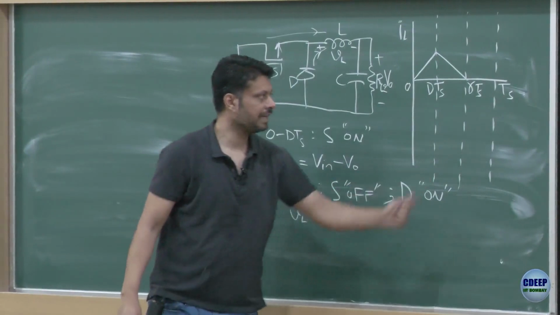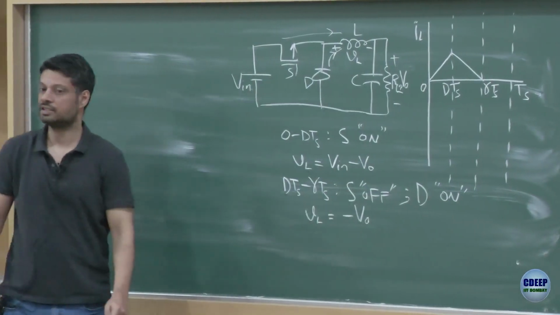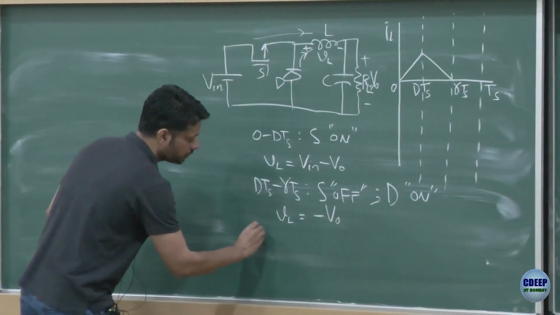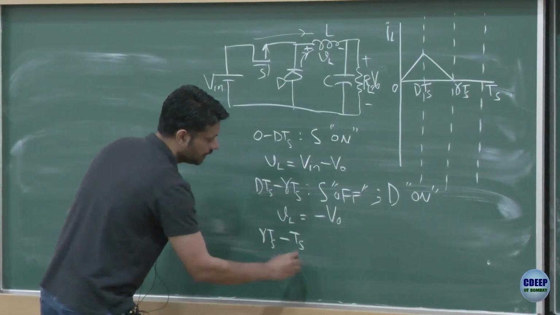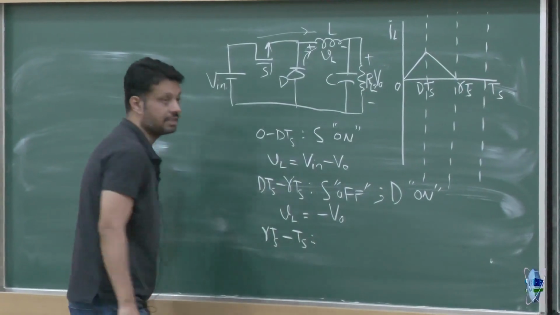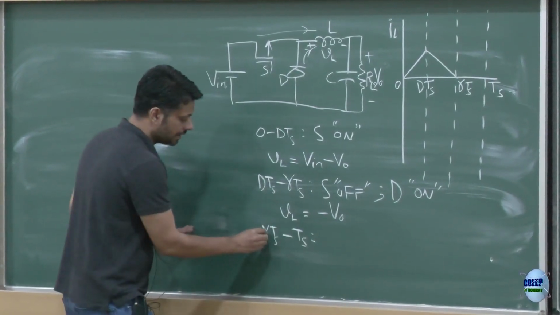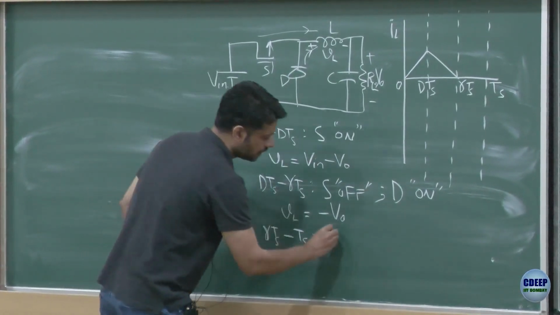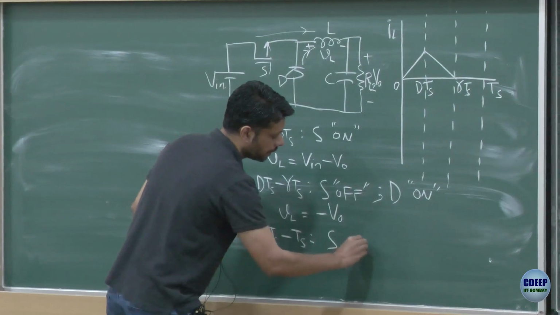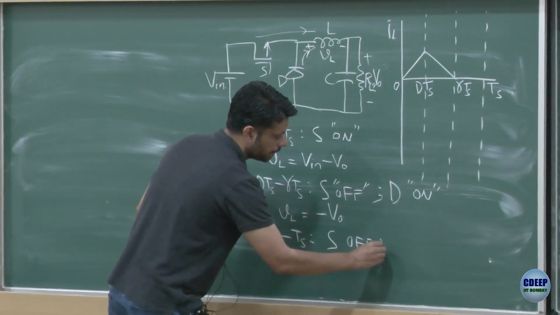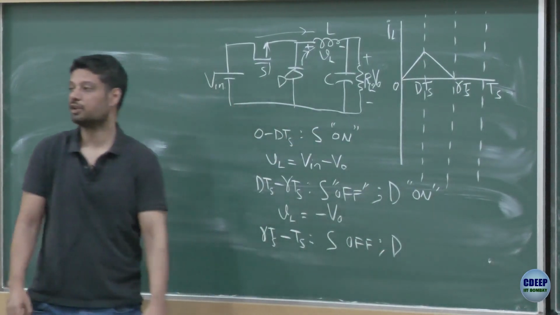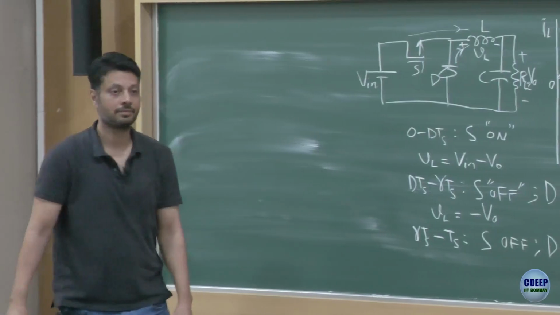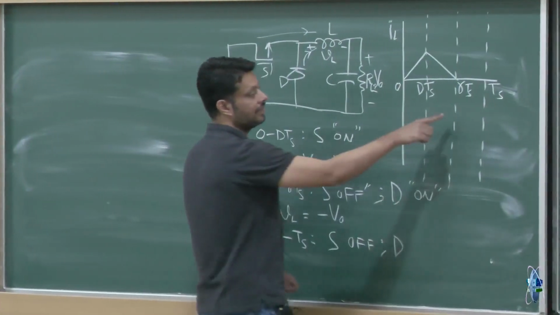Okay. So this was the same case as before. Now there is one more period where the inductor current is 0, and that period goes from gamma Ts to Ts, and in that case S is off, the diode is off.